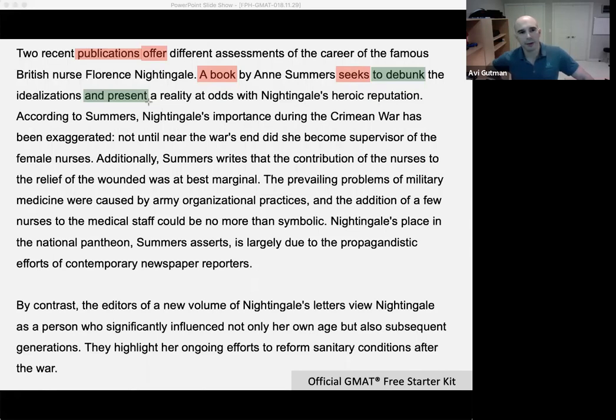Why can't a book do both of those things? How do we know? Yeah, so you could say the book seeks to present, but couldn't you also just say the book presents?